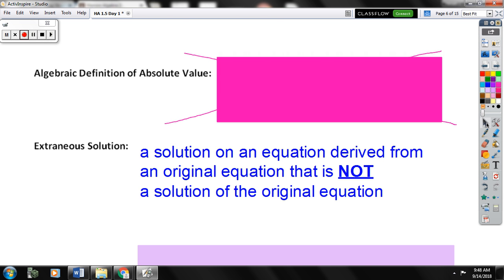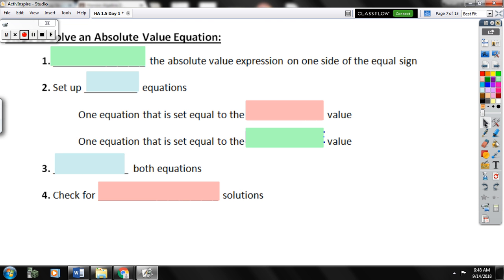Step 1 is the most important one, and it's the one that a lot of you will forget when you solve the longer problems. And that is to isolate the absolute value on one side of the equal sign. Isolate means to get alone, get by itself.